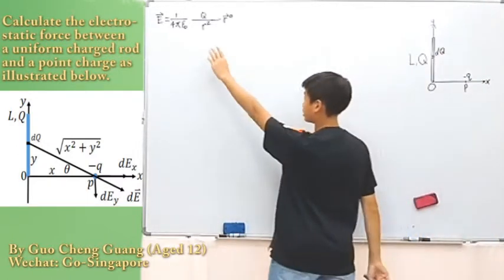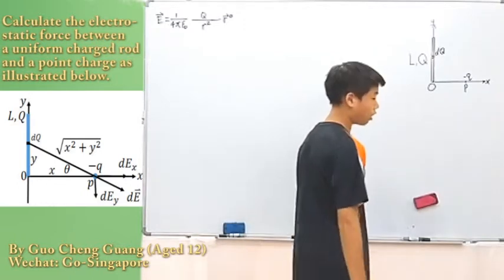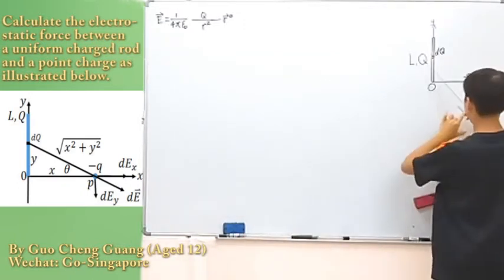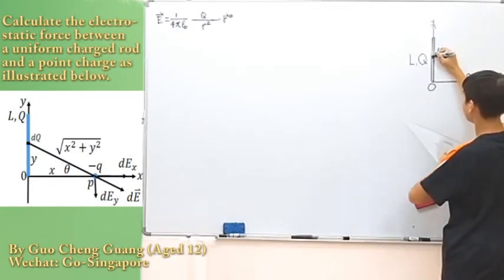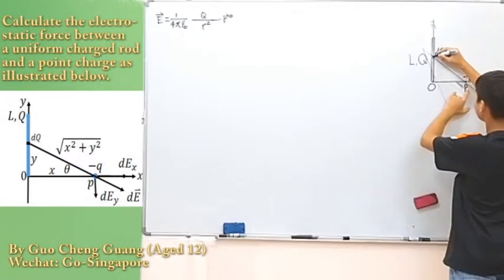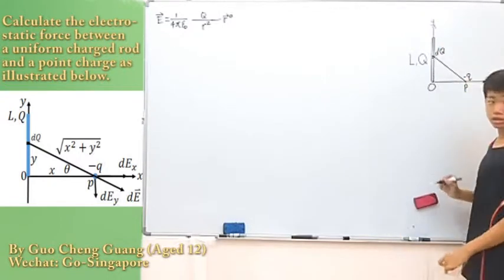Then after that is our R. For our R, it is a distance, like if we take this part over here as an example, then it will be this distance that you have.